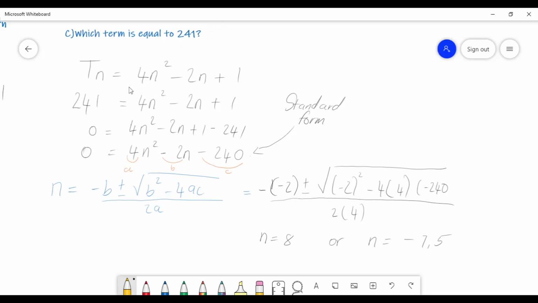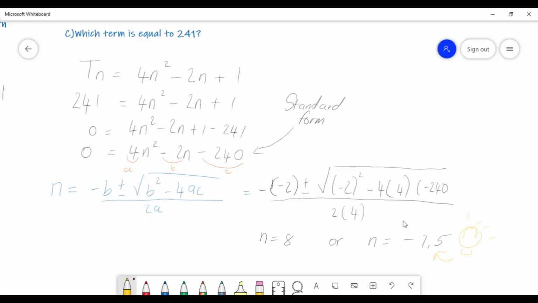We're trying to determine the position of this 241 on our sequence. So this is the light bulb moment that I'm talking about. Can that term be equal to negative 7.5? It cannot, guys.